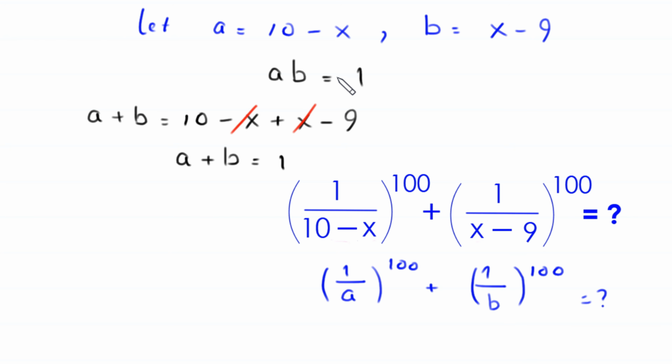And from this equation, if we divide both sides by b, then this implies that a is equal to 1 over b. So we replace this 1 over b with this a, then this will become 1 over a to the power 100 plus a to the power 100.